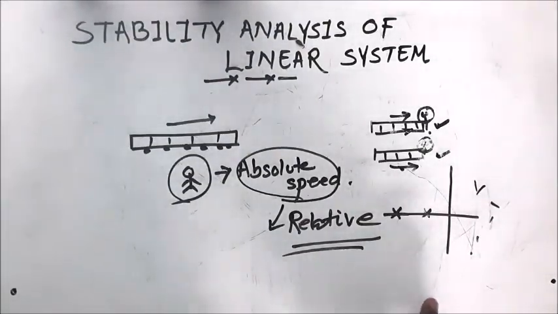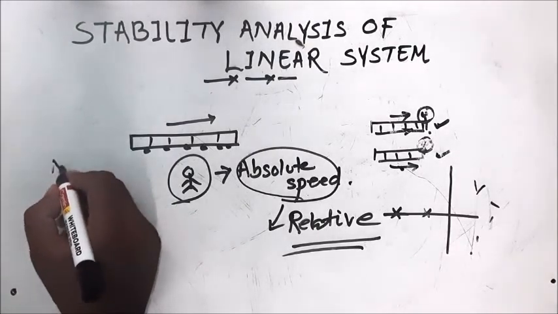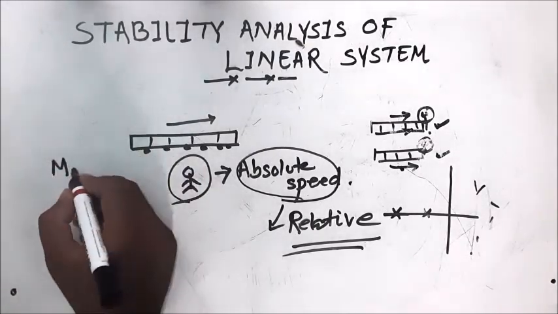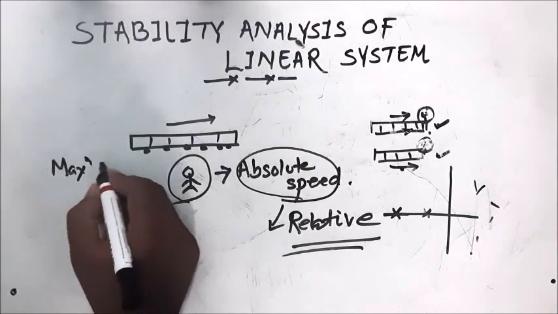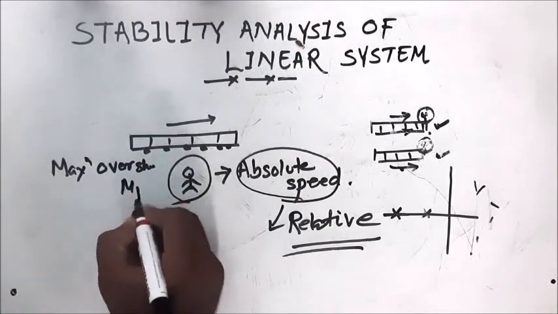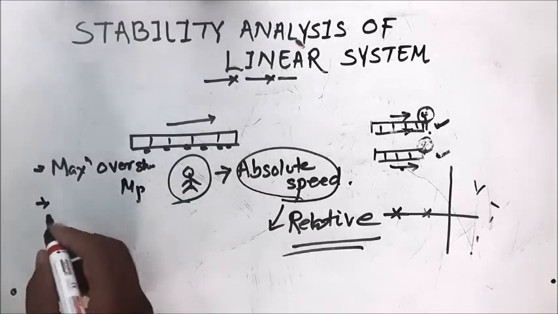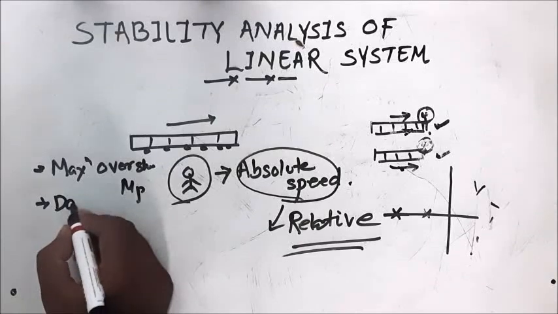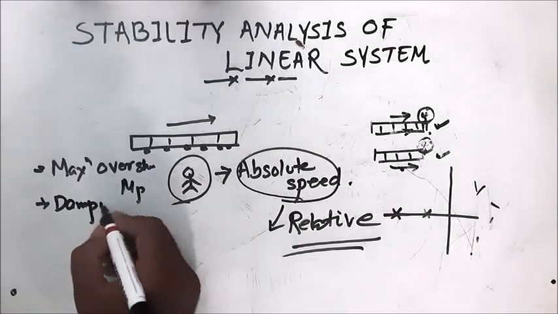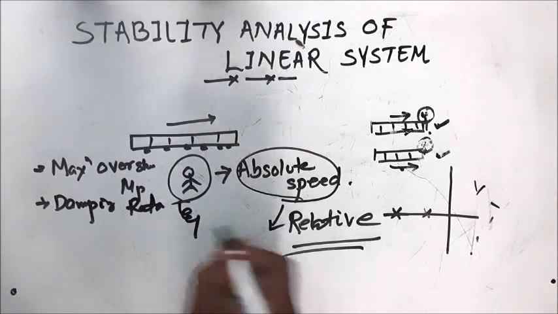So from this relative stability concept, we can calculate the maximum overshoot, that is Mp. We can also find the damping ratio, that is zeta.